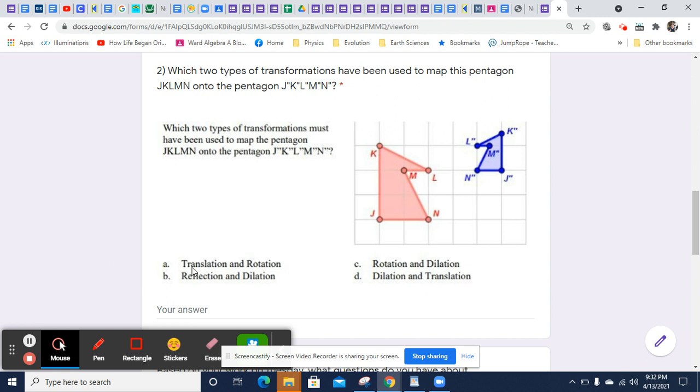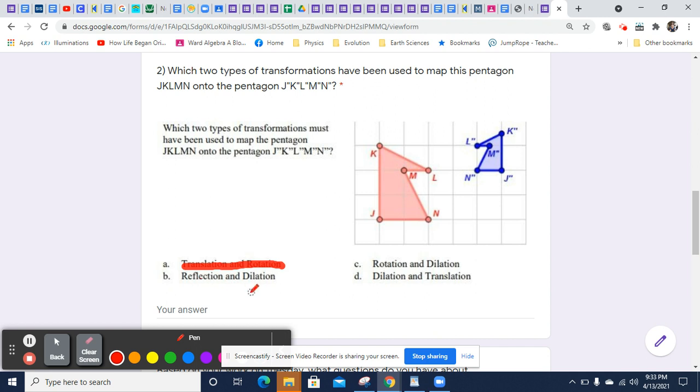Let's consider these. So a translation and then a rotation. So a translation would be a slide up or down, and then a rotation. Well, both of those are rigid transformations, and we have a change of size. So no, neither of those.